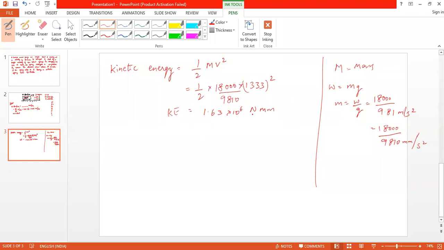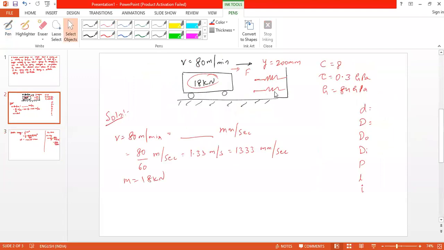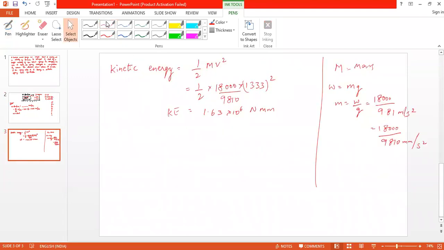Now this energy has to be transferred to the spring. So the energy absorbed by each spring is equal to 1.63 into 10 power 6 divided by 2, because there are two springs.